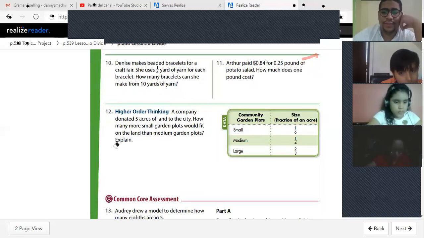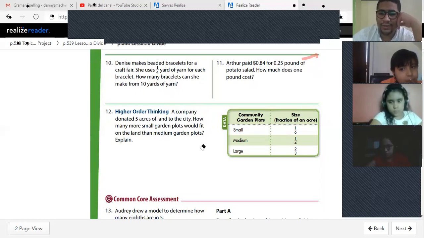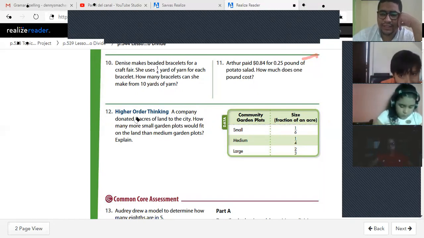A company donates 5 acres of land to the city, right? How many more small garden plots would fit in the land than medium garden plots? Here you have the small, medium, and large, right? It means that you have to solve all of these fractions divided in 5. Yes, did you do it?